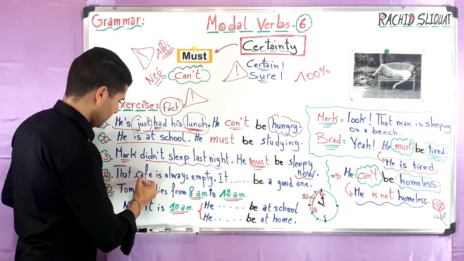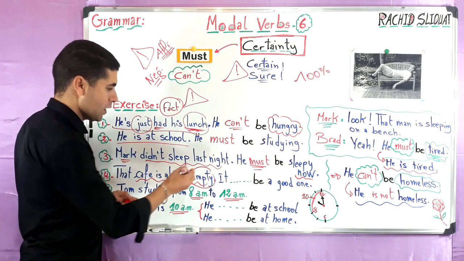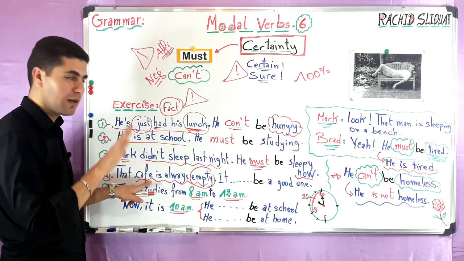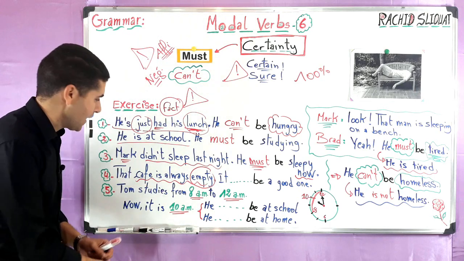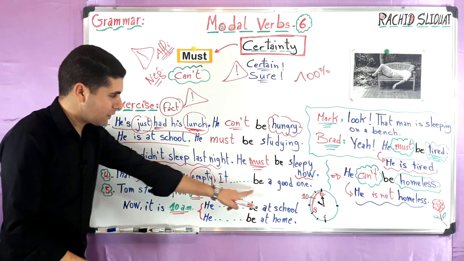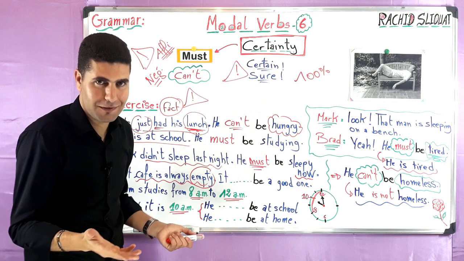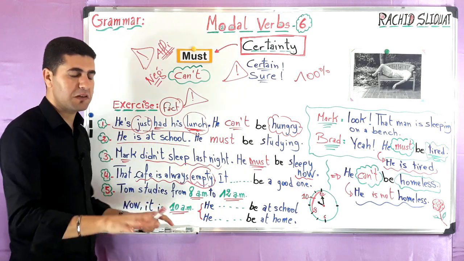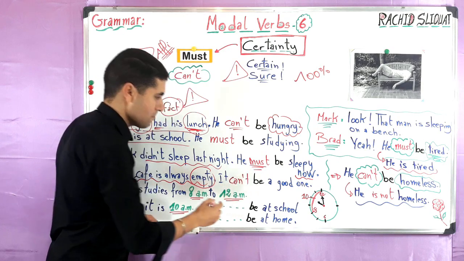Number 4. That cafe is always empty. This is a fact. Which means nobody sits in that cafe. Very, very few people sit there. So is this cafe a good one? For sure, it's not, because it's always empty. Nobody sits there. So it can't be good.